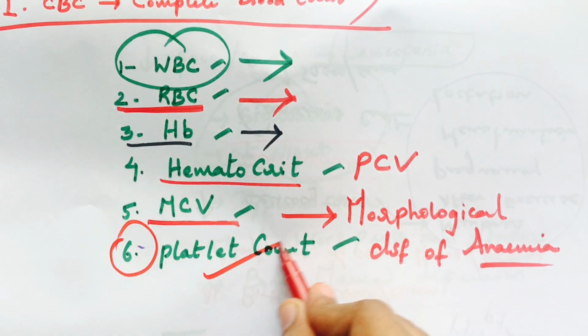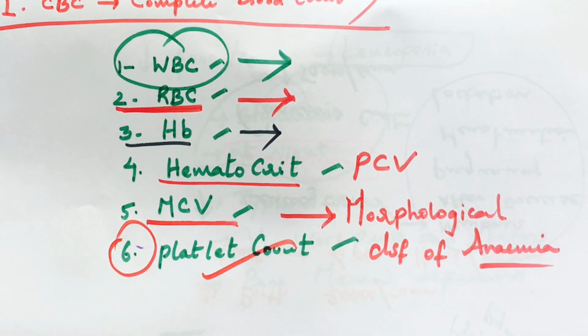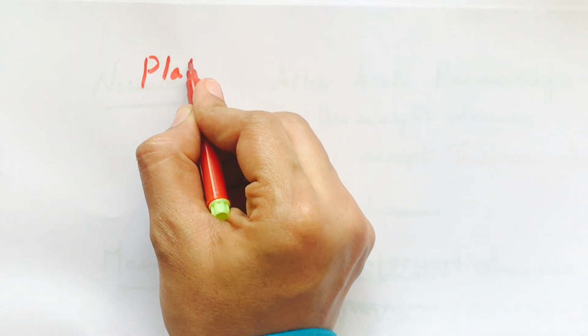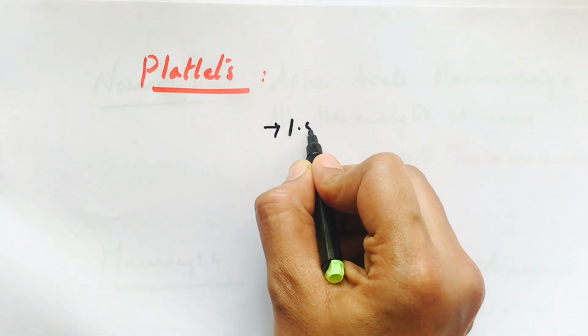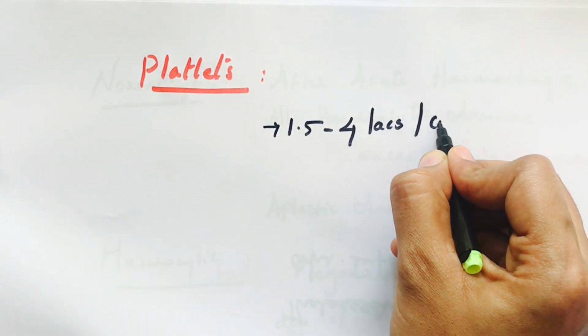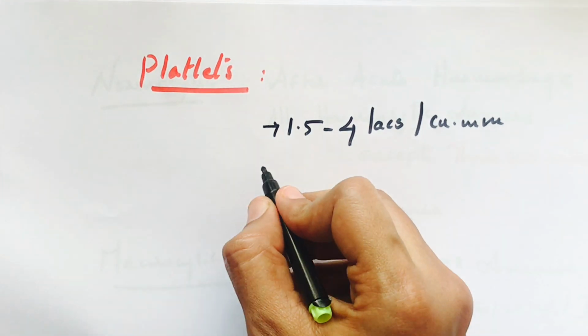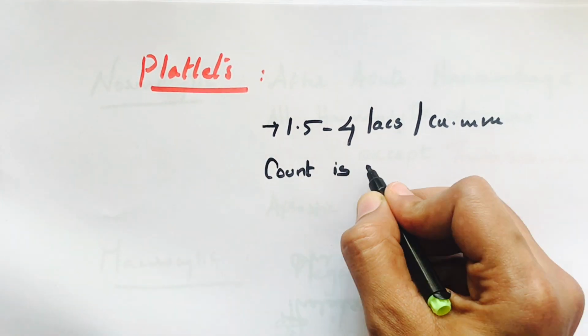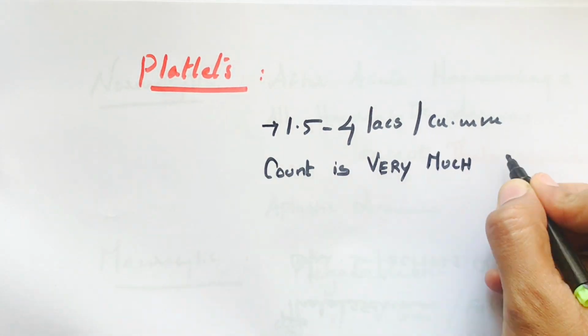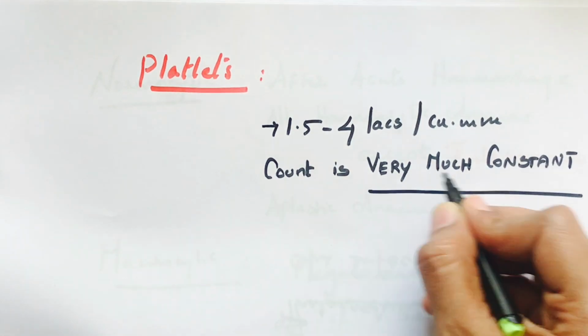Next component under CBC is platelet count. What is the normal platelet count? It ranges from 1.5 to 4 lakhs per cubic millimeter, and the platelet count is very much constant.